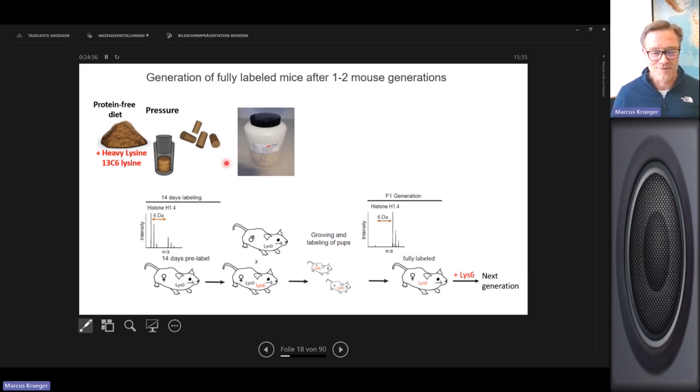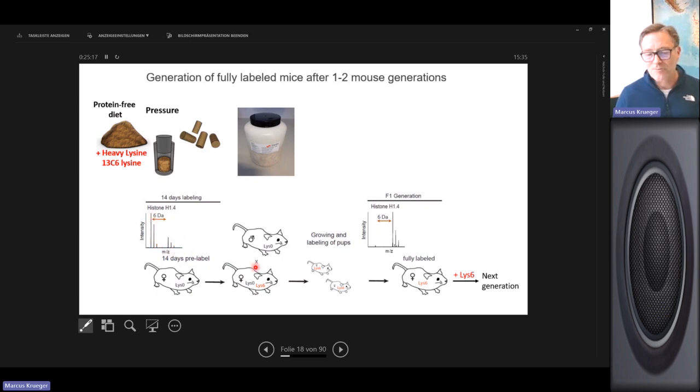Okay, so what we did at the beginning, we started to label our mice with this diet for 14 days, just to check how the incorporation takes place. And then we looked for the incorporation of the heavy lysine. So this might be the light peak, this is the heavy peak, right?